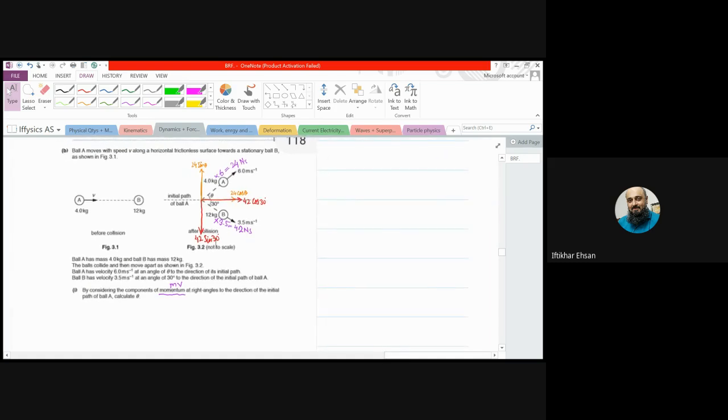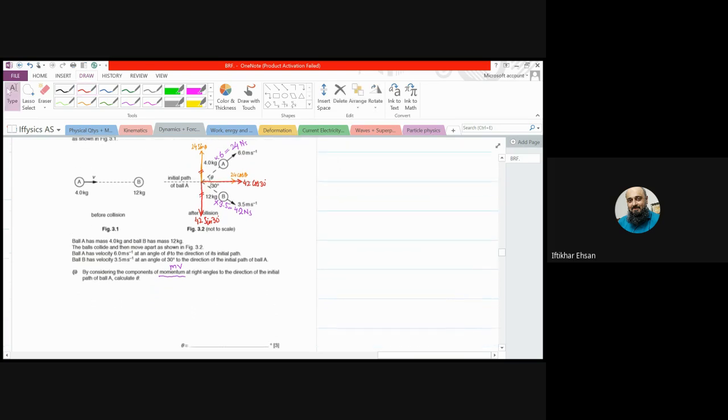Now, as we know that the total initial momentum is horizontal, the final should also be horizontal. It means the vertical components will cancel out each other. Two vectors cancel out when they are equal and opposite to each other. This means this 24 sine theta should balance the 42 sine 30 degrees, right?